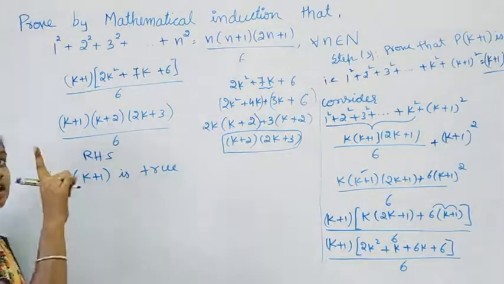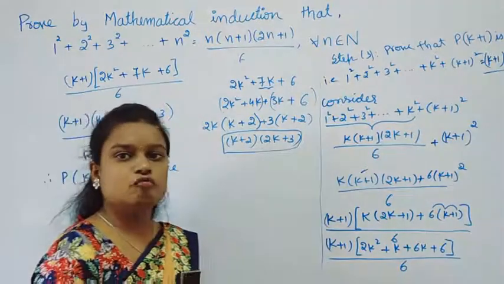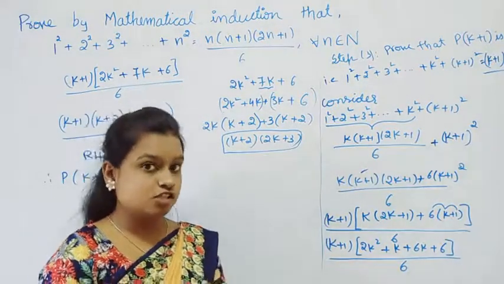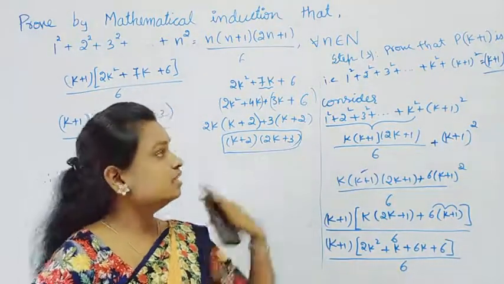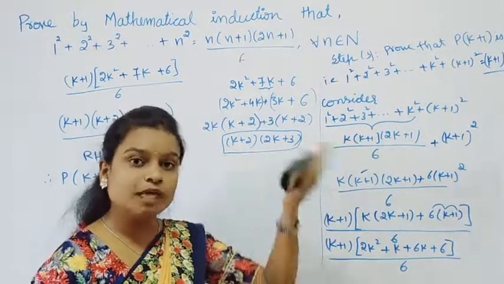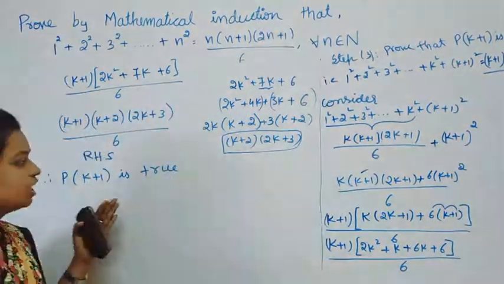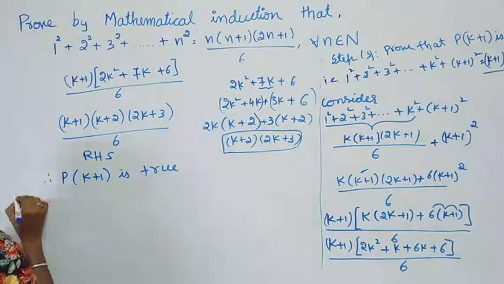Okay. So in the first step, we proved that P of 1 is true. In the second step, we assume that P of k is true. In the third step, we prove that P of k plus 1 is true. So P of k plus 1 is true.